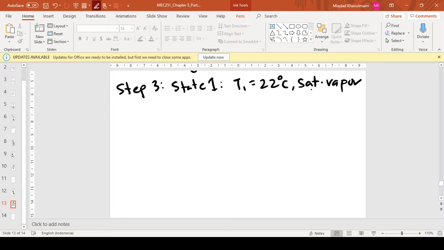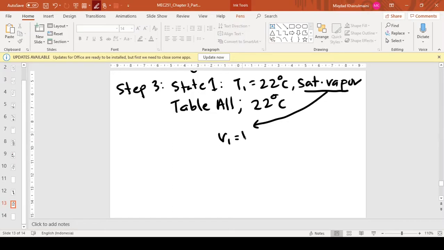Using table A11, the temperature table for refrigerant R134A, at 22 degrees Celsius, since the phase is saturated vapor, the specific volume is the same as Vg.